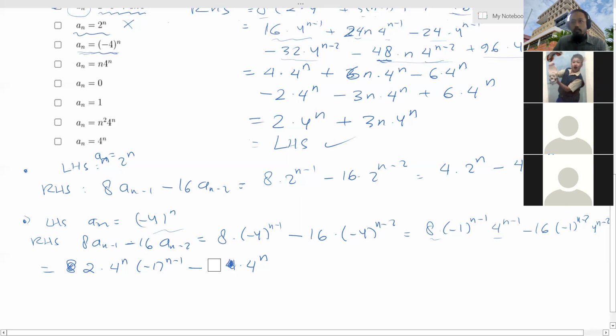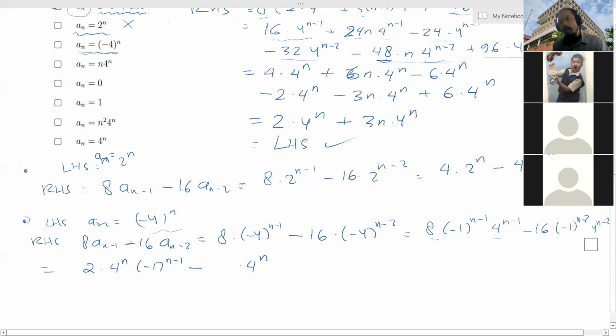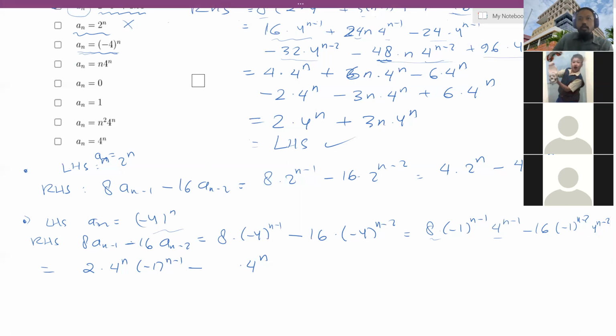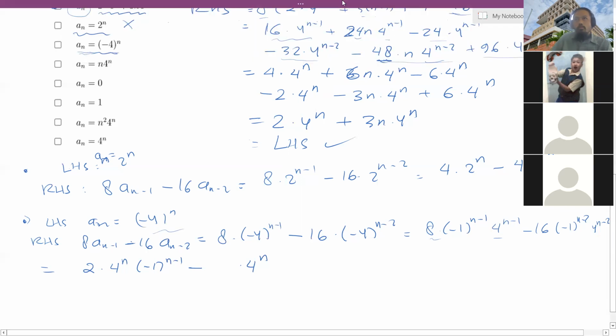Yes, it's actually 1. So 16 times 4 to the power of n minus 2 is the same as, well, it's easier just to say it here. 16 is actually 4 to the power of 2, right?